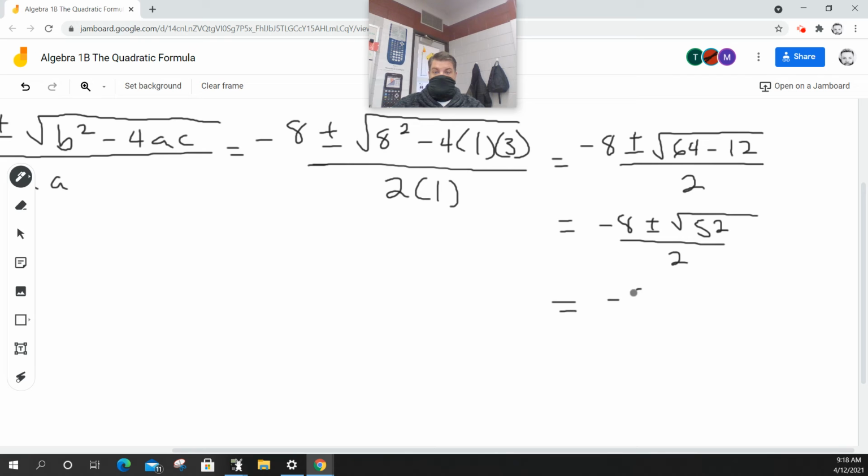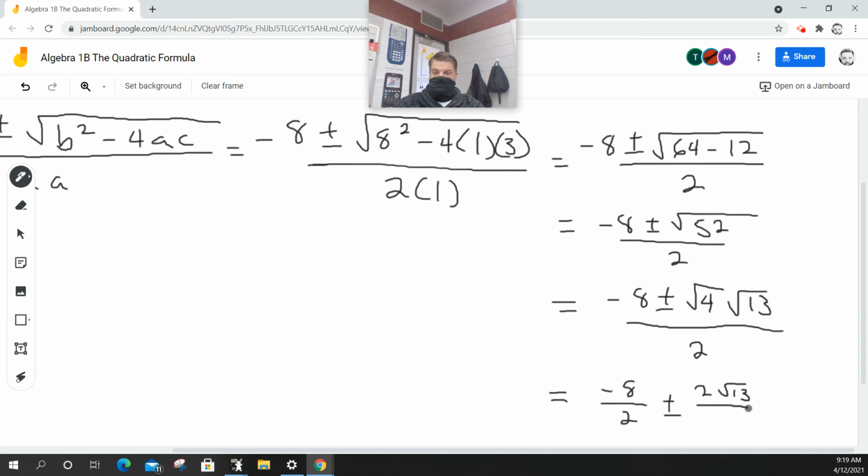So then this will be negative 8 plus or minus the square root of 4 times the square root of 13 all over 2. That can be rewritten as negative 8 over 2 plus or minus 2 root 13 over 2.